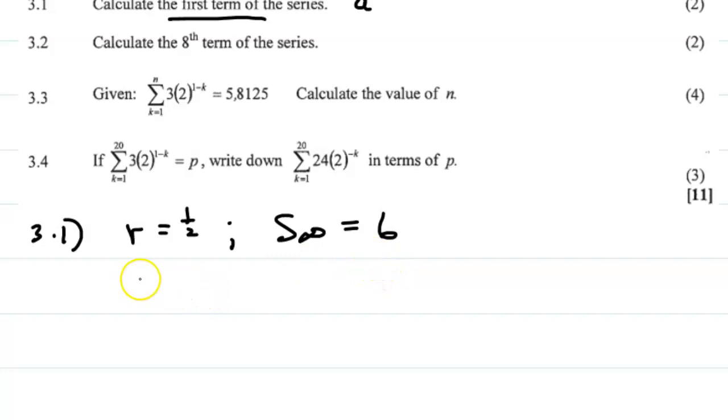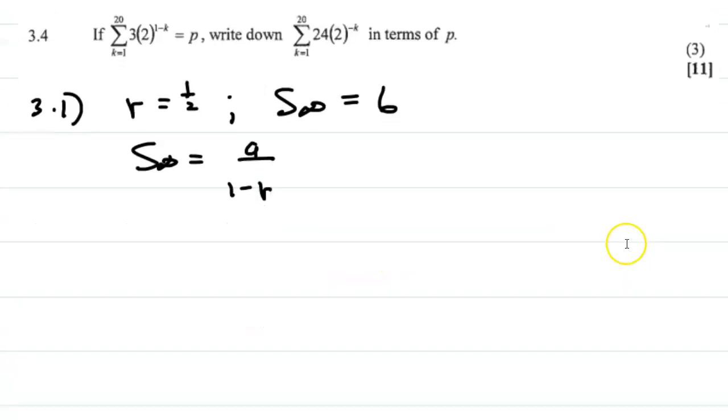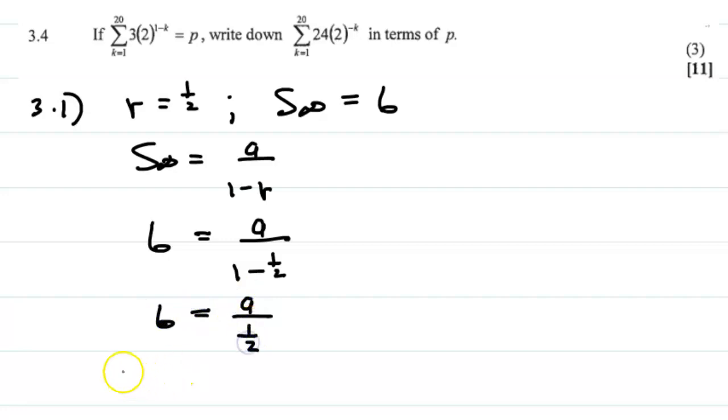Our formula for sum to infinity is A over 1 minus R, so now we can substitute and solve for our first term, A. So 6 equals A over 1 minus half. Cross multiplying, 6 equals A over half. Therefore A equals half times 6, which is 3. So our first term is equal to 3.